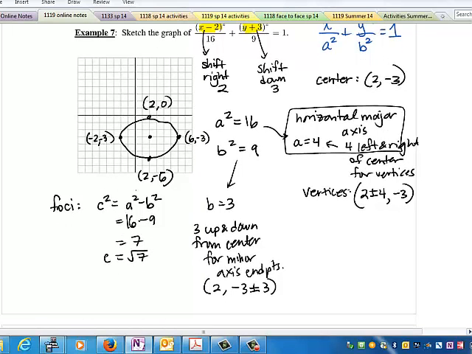So the foci we want to move horizontally, so 2 plus or minus square root of 7, but keep the vertical coordinate the same, so the y coordinate stays -3. Square root of 7 has to be between 2 and 3, so go between 2 and 3 to the right and the left, and those are our foci. I think that's everything we needed.